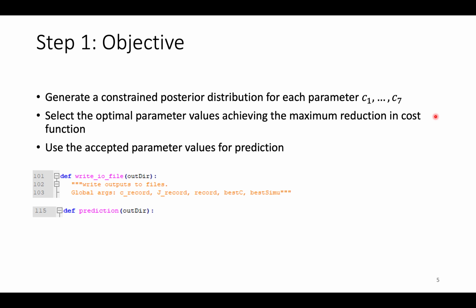Therefore, we need to keep the optimal parameter values and the corresponding simulation outputs. Finally, all accepted parameter values will be saved for prediction. The forecasting results will also be saved. All these variables are saved in the output folder. The operation of saving variables is realized in the write IO file and prediction functions.